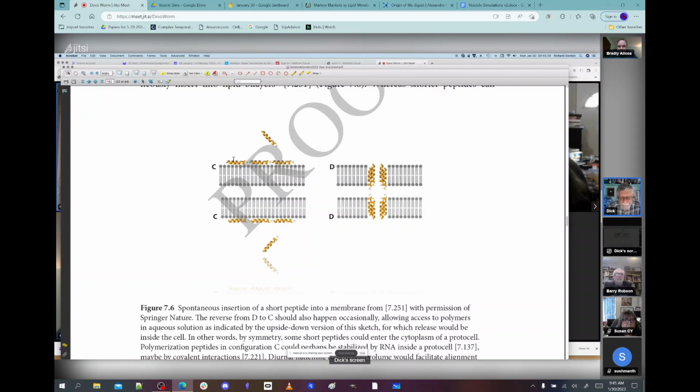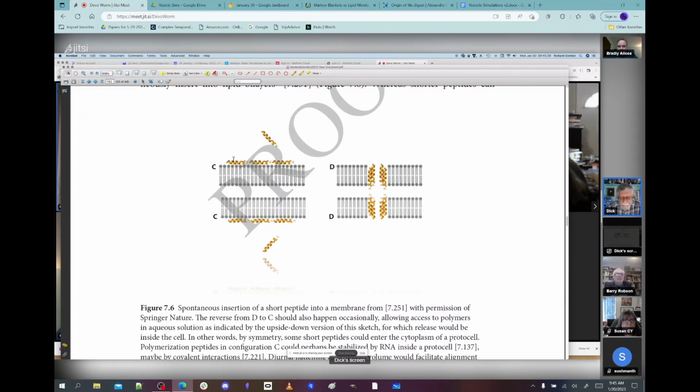Okay? So this is one possible mechanism for making proteins, by having this positive feedback mechanism that selects for the portion of the peptide which is in the membrane has to be hydrophobic. Okay, so it's a selection.